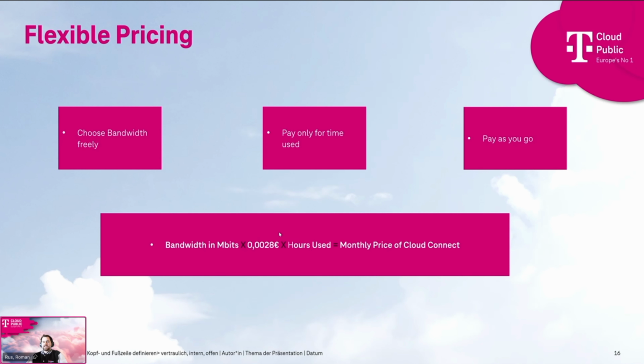So this would basically be, if you use it for a whole month, the hours used would be 720. If you use, let's say, 100 Mbit, you would multiply 100 with the 0.0028 times 720 to get your monthly price of the Cloud Connect. So it's more simple than the formula makes it look.